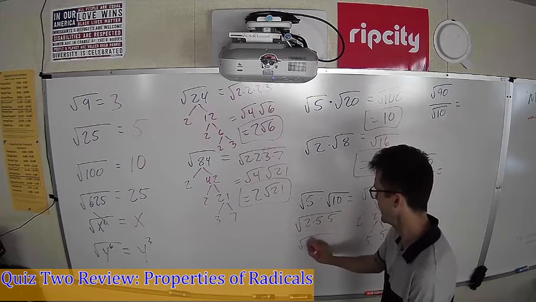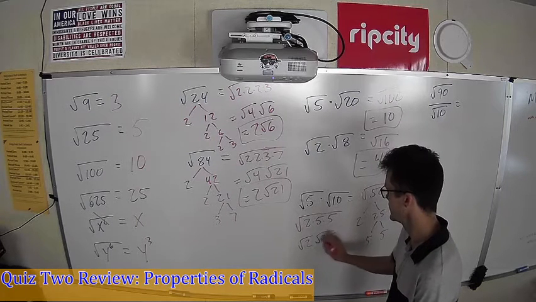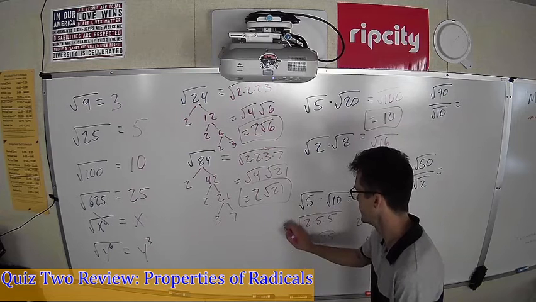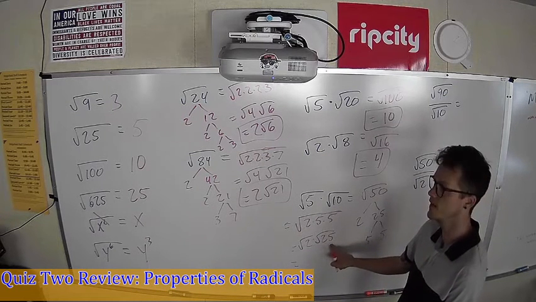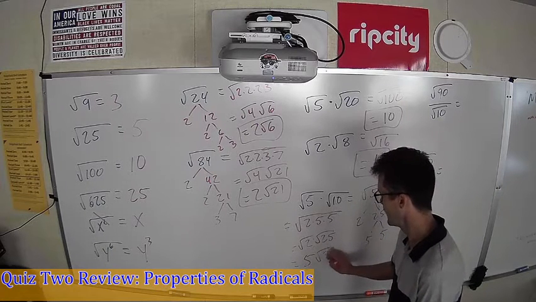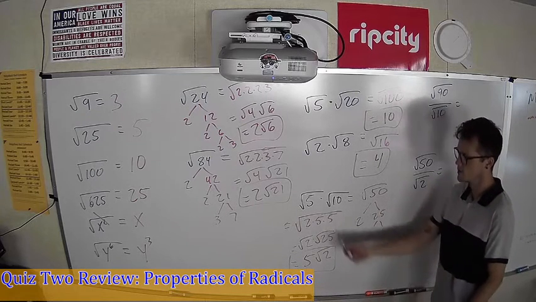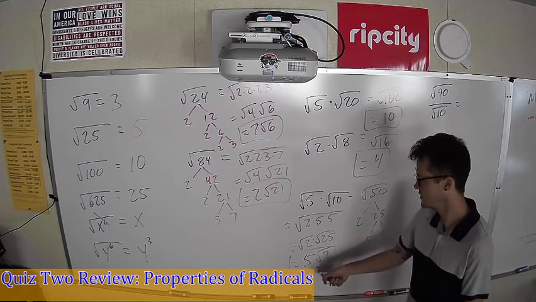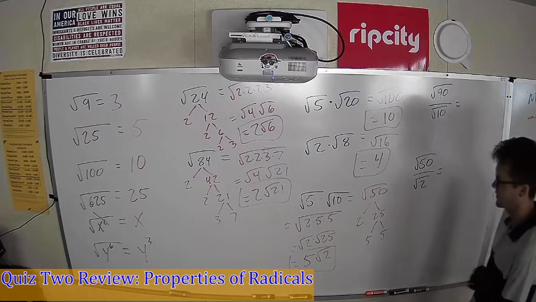I'm going to split this up because I know that 25 is a perfect square. That's 5 times 5. So I'm going to simplify that piece of the puzzle and leave the root 2 as root 2. So the square root of 5 times the square root of 10 is just 5 times the square root of 2 in simplest form.